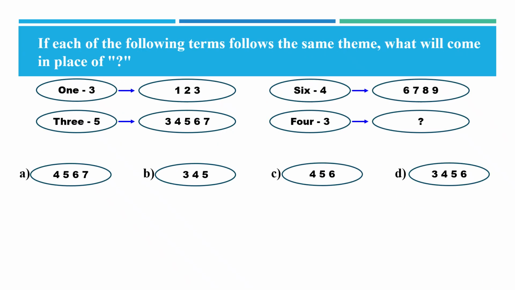Great. Yes, students, here we have the next question. If each of the following terms follows the same theme, what will come in place of the question mark? As you see here, the number name is 1 and the numbers are starting from 1. And here it's mentioned 3, therefore we have 3 numbers.